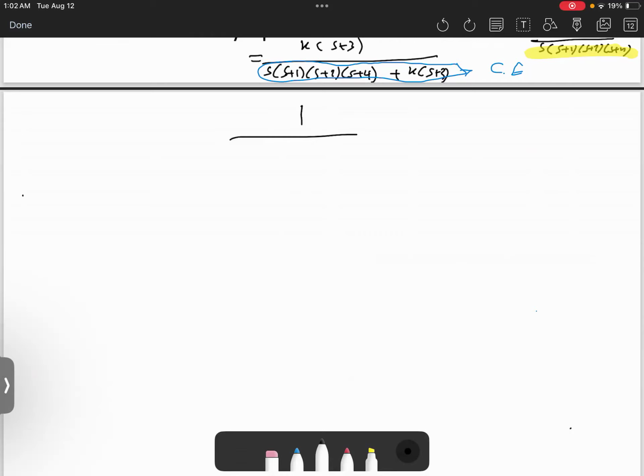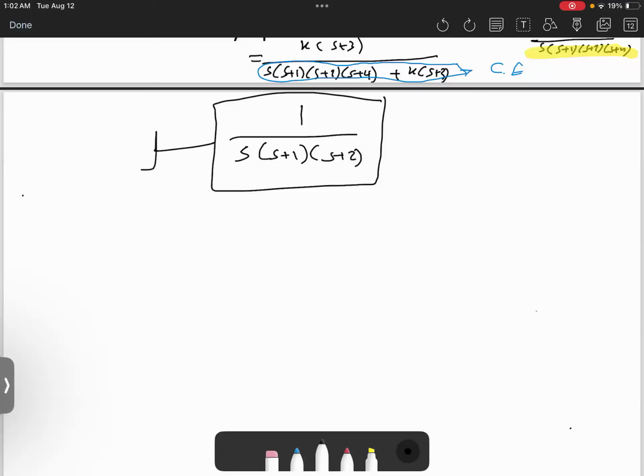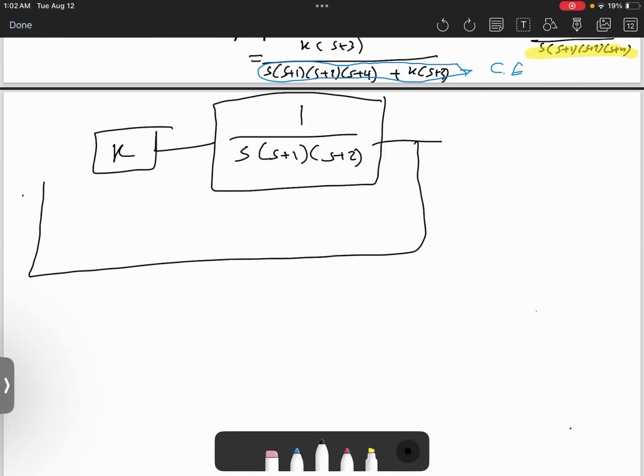It is s times (s plus 1) times (s plus 2). This is the open loop transfer function, and we would like to put the controller gain k.